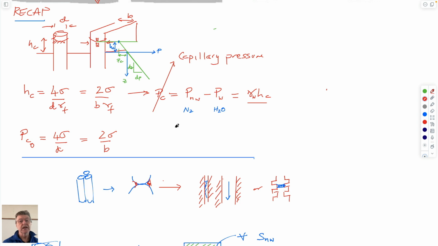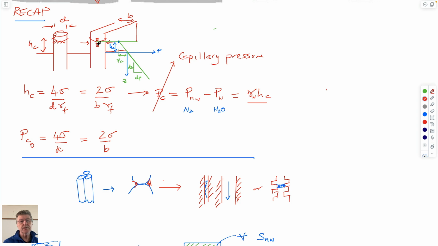We also made the case that the important thing here is that there are different pressures on either side of this meniscus, because this is a catenary, which is a cosine H curve, which is holding up this fluid. And so it has to have tension attached to where it attaches onto the glass. And so this is in tension.